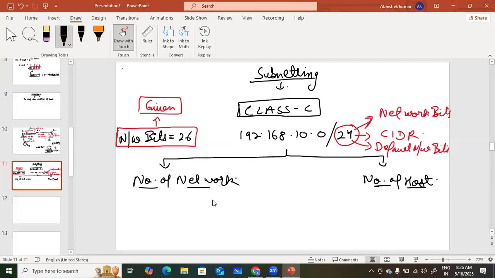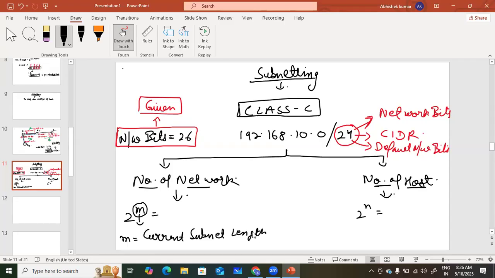To find out the number of networks, we use the formula 2 to the power m. And to find out the number of hosts, we use the formula 2 to the power n. M is calculated as current subnet length minus default subnet length.